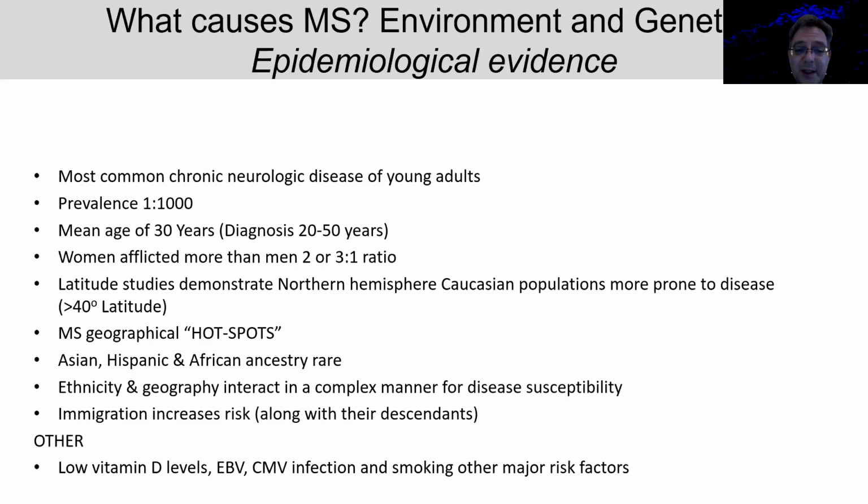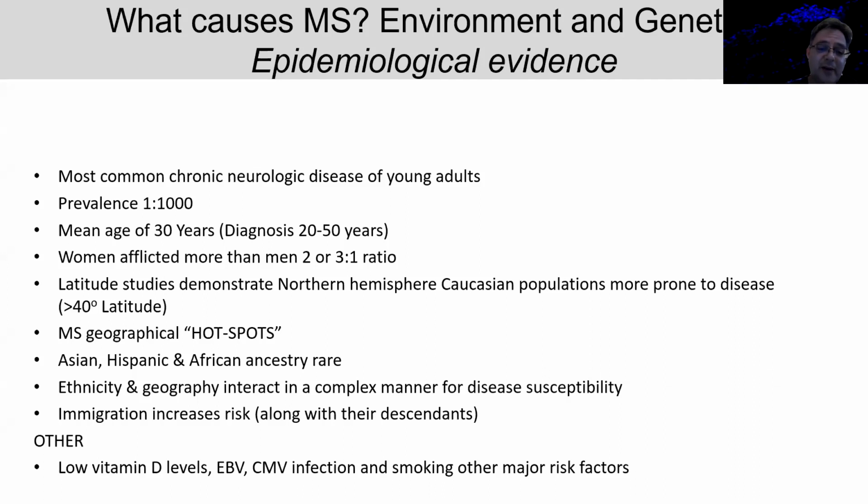Latitude plays a significant role, and the studies have demonstrated that Northern Hemisphere Caucasian populations are more prone to the disease, particularly in areas of greater than 40 degrees latitude on the globe. So MS is then classed as a condition where there are specific hotspots in the world, or foci in the world, where MS tends to have a higher prevalence.